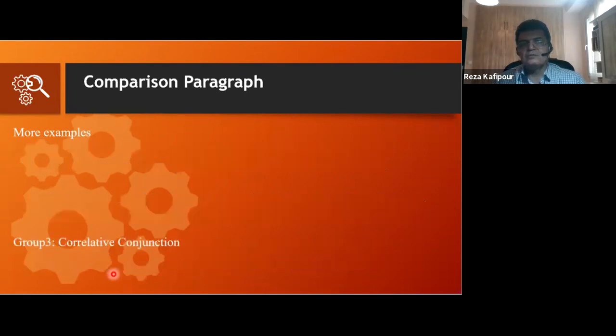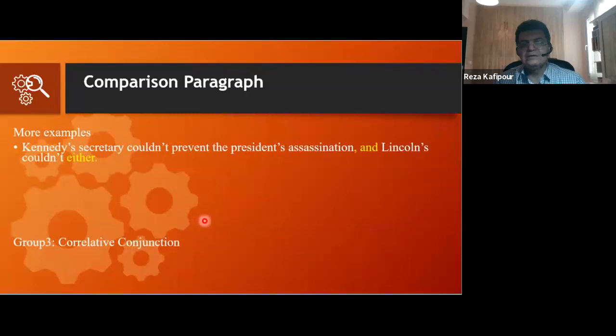So some more examples again with different auxiliary verbs. For example, Kennedy's secretary couldn't prevent the president's assassination, and either, we say and Lincoln, that means Lincoln's secretary couldn't either.